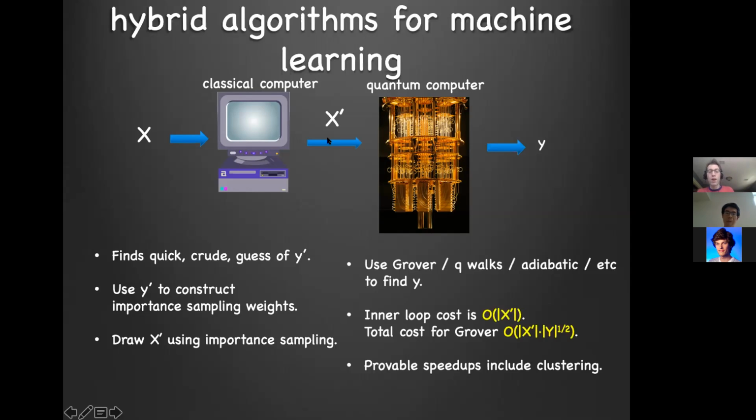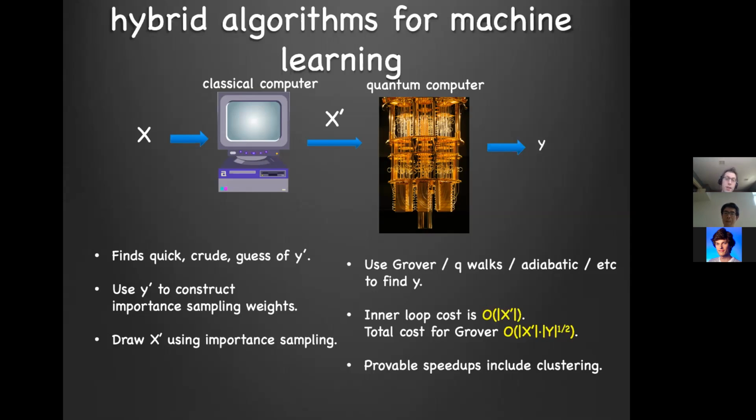Then, once you have x prime, use whatever optimization algorithm you like, Grover, quantum walks, whatever, to find y. Now the cost of the inner loop just goes like the size of x prime. And so the Grover speedup over y now becomes more significant, because the thing you're multiplying by, x prime, is a less dominant part of the runtime.